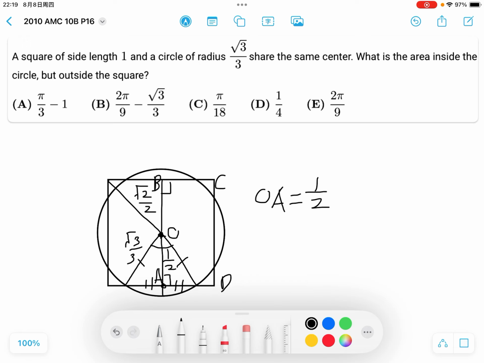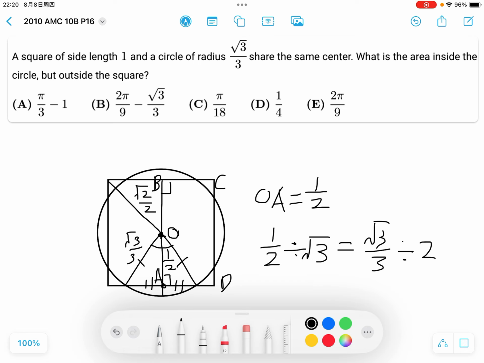So how do I know if my triangle is 30, 60, 90 degrees? So notice that OA is going to be the long side, so hopefully your graph is accurate to this degree. I want to see if 1/2 divided by √3 is equal to √3/3 divided by 2.